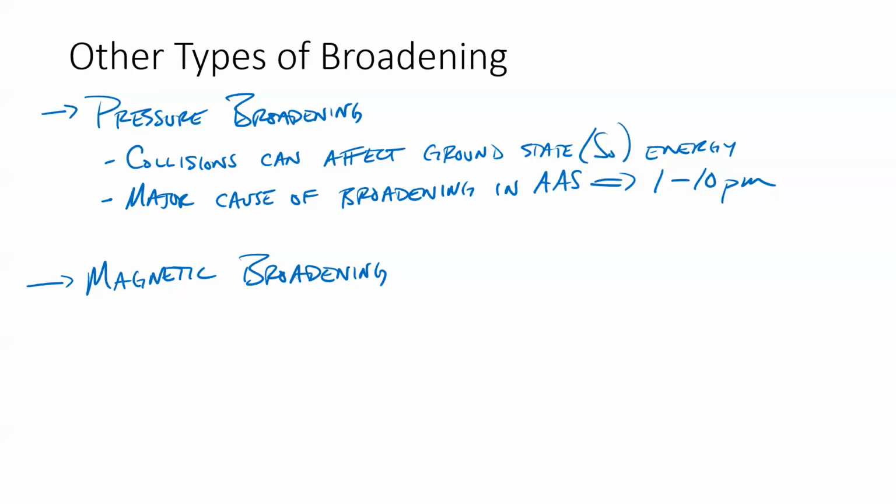And so if the electron spin is in the same direction as the orbital spin, you get one set of magnetic field. If the electron spin is opposite the orbital spin, then you get a different magnetic field. And because of this, you'll get some different absorptions.